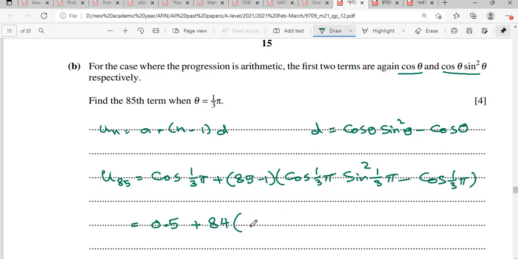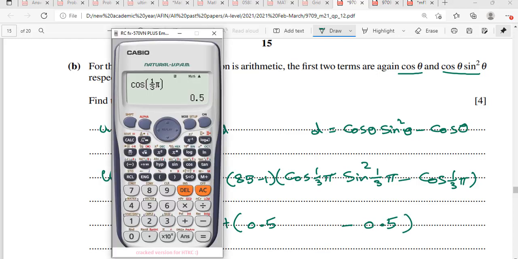Cosine 1 over 3 pi is 0.5, as we worked out, times sine squared, which we will work out, minus 0.5. Now let's work out sine squared.